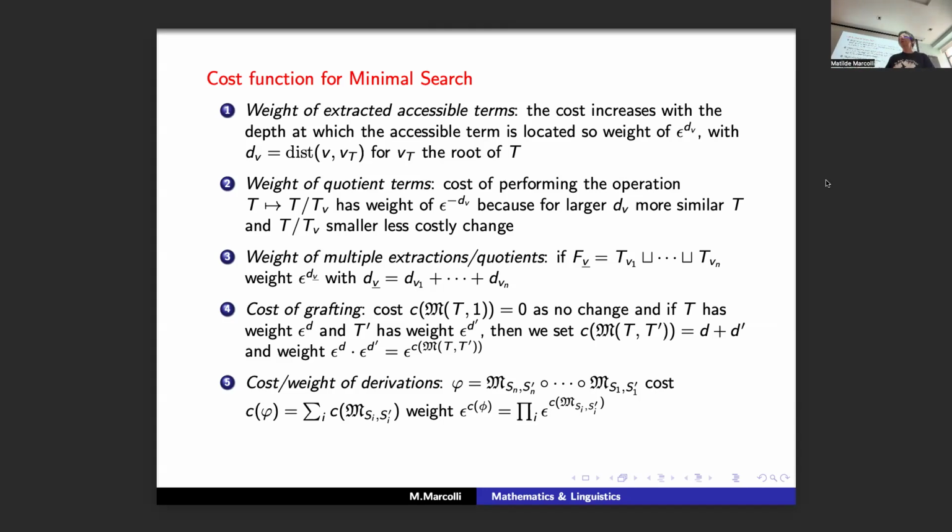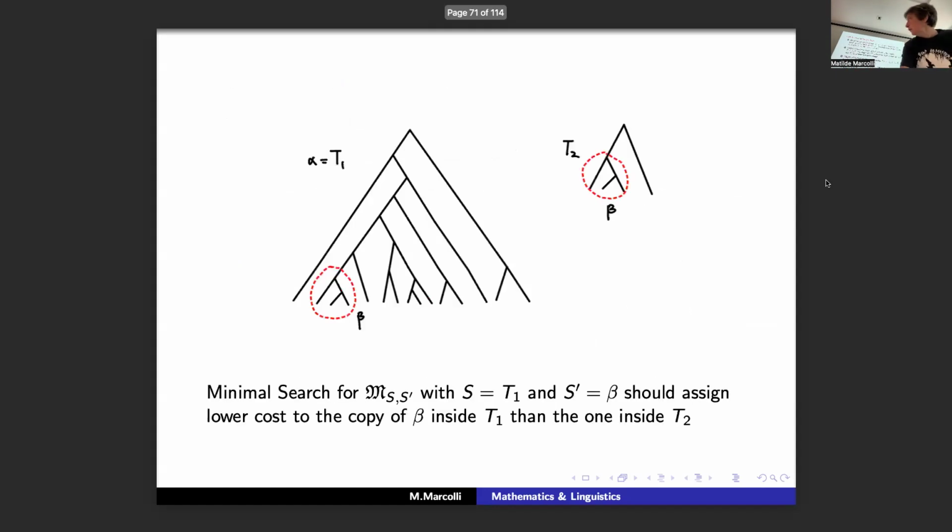But then what happens with the quotient term? The quotient term should go the other way around, right? Because if I go back to this example, if I have this very big tree and I'm modifying it by shrinking this very small piece to a single point, this doesn't differ very much from where it was. So this should be a low cost operation.